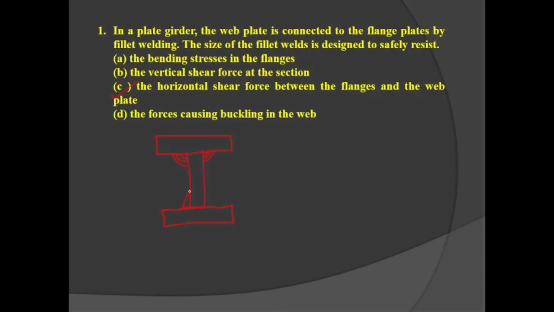Basically these are designed to resist the horizontal shear force between the flanges and the web plate, or you can say to prevent the movement of the flanges and the web between the joints. These are the cover plates that we initially required.